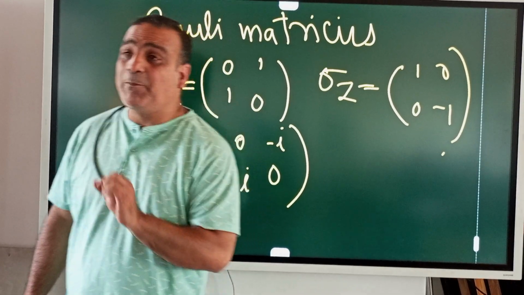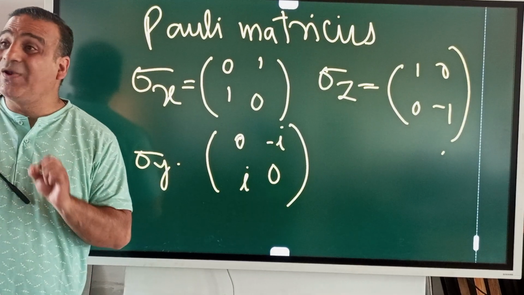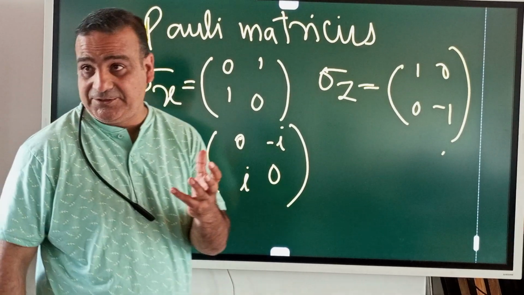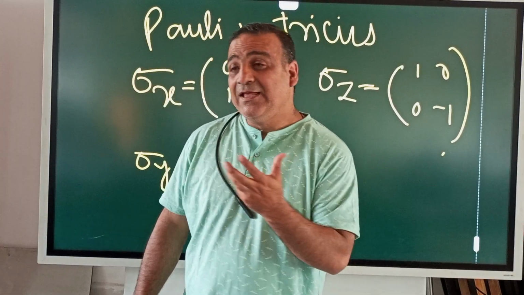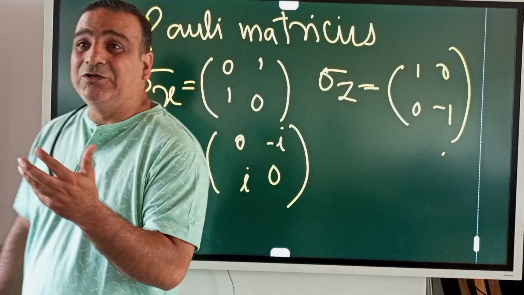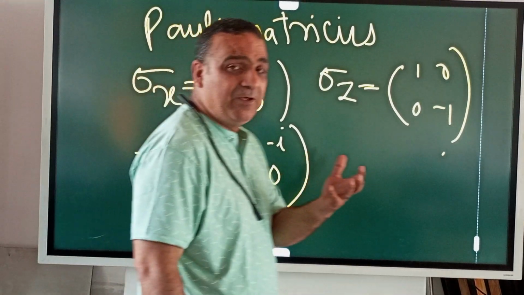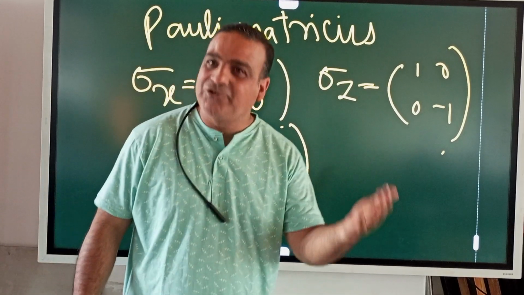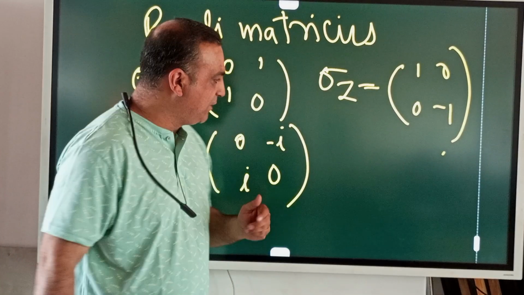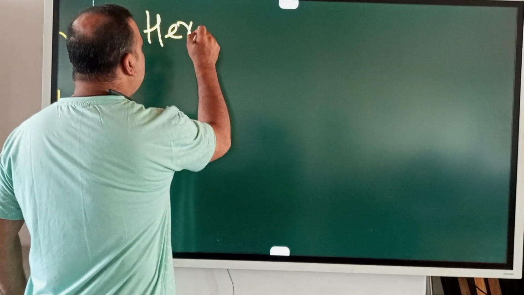Now the very first property of Pauli spin matrices is that these operators are Hermitian operators. If they are Hermitian operators, then they must be equal to their own adjoints. So if you take the adjoint of the Pauli spin matrices, you should get back the original matrix. Let's verify this.